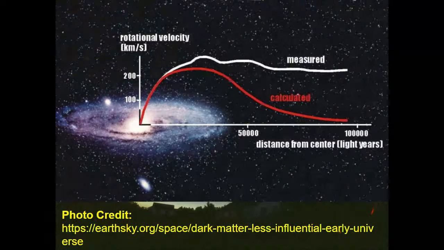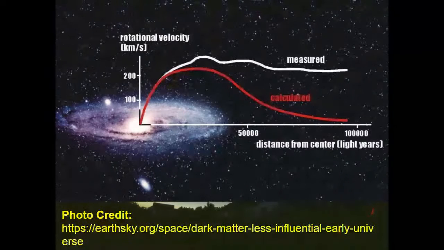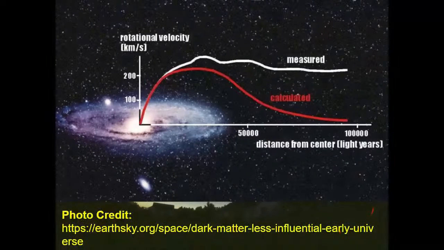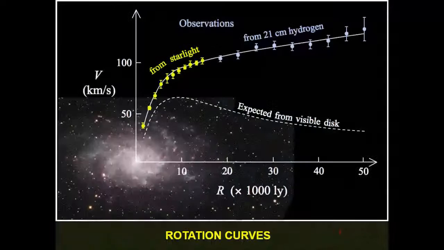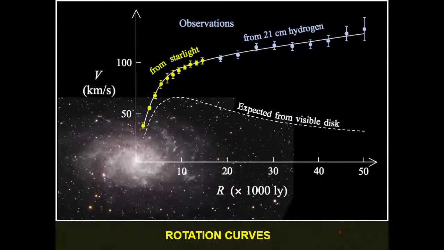But instead we are seeing that the rotational velocity is going flat, and hence we infer that there is matter even outside the baryonic matter of a galaxy, all right?